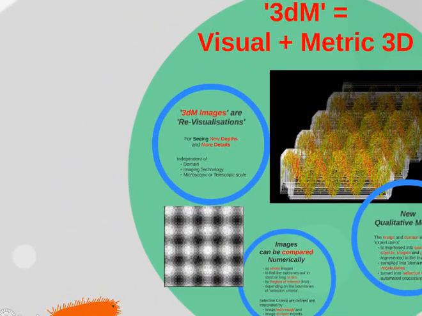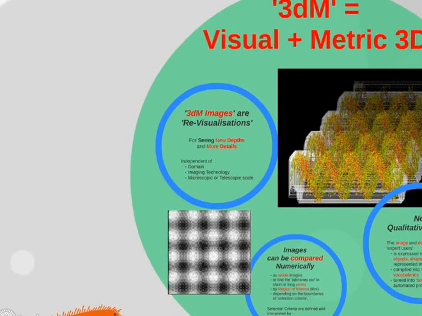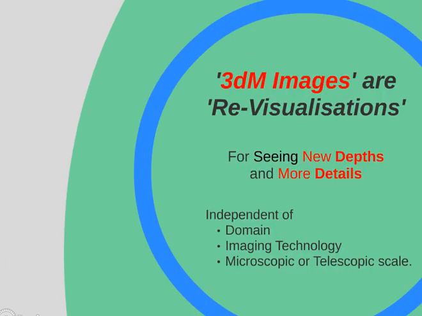So what are 3D images? They are revisualizations in what I call visual and metric 3D. They allow you to see more detail and more depth than otherwise any software has provided so far. And the advantage as well as disadvantage, or strength and weakness, is the fact that it's completely generic.